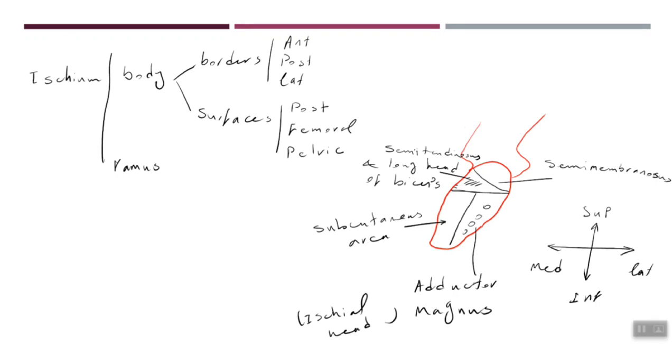The ischial tuberosity is important because all of the muscles in the back of the thigh originate from this tuberosity.